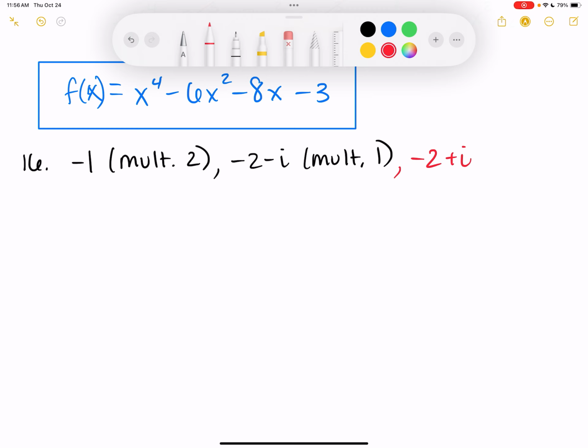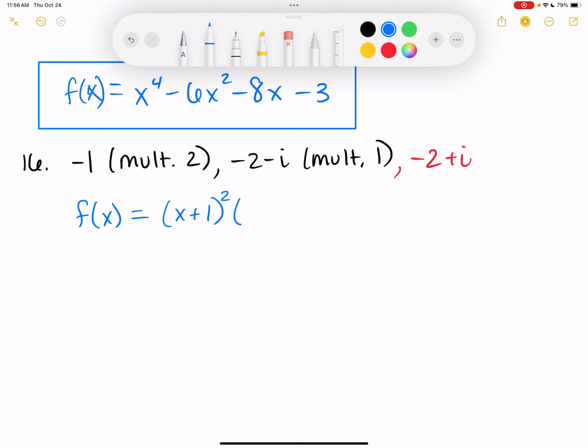So now when I set this one up, what is it going to look like? X plus 1, x plus 1. Yeah, either way.